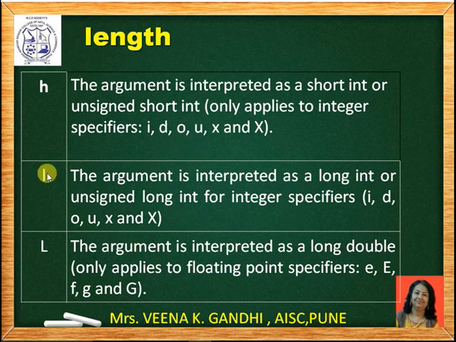Then small l is assumed as long int or unsigned long int and applicable only for decimal, octal and hexadecimal integer. Then capital L is assumed as a long double, only applicable for floating point specifiers e, capital E, f, g or capital G.